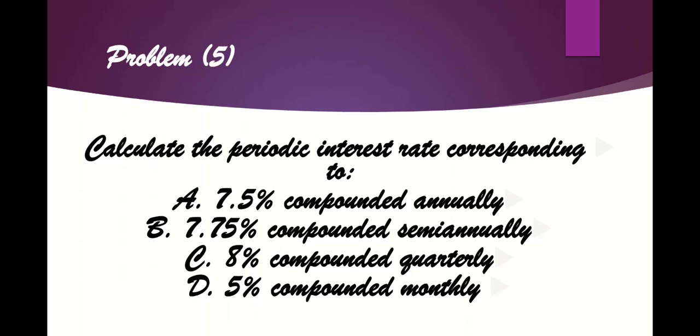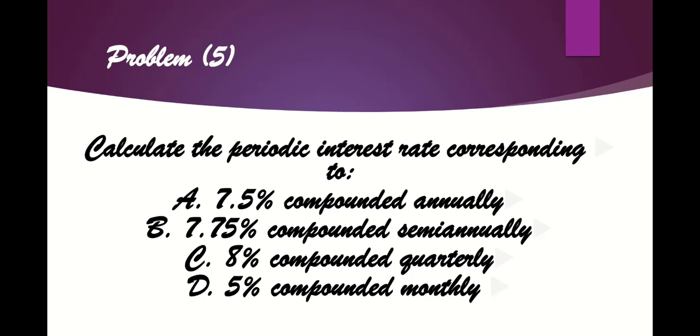We know that I equal J over M, and for A, nominal rate equal 7.5%, and M will be equal 1, since it is compounded annually. And for B, nominal interest rate equal 7.75%, and M will be equal 2, since it is semi-annually.